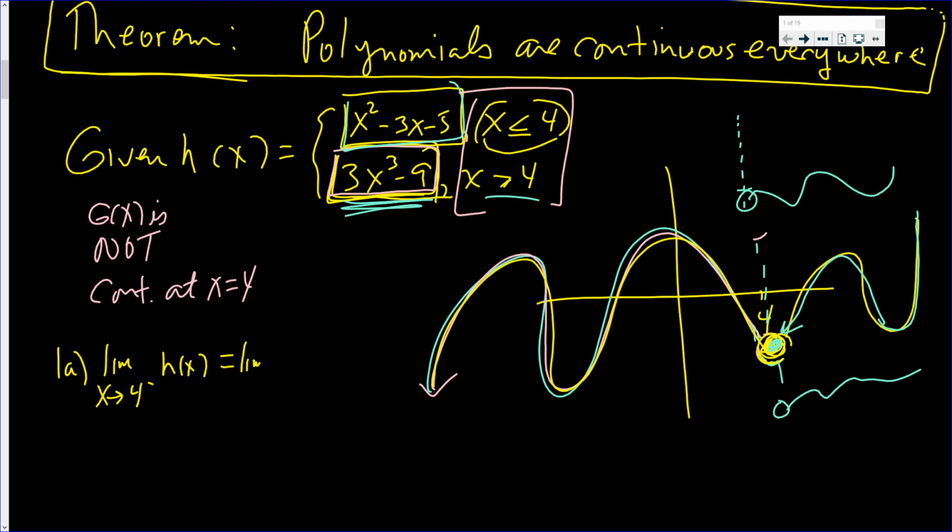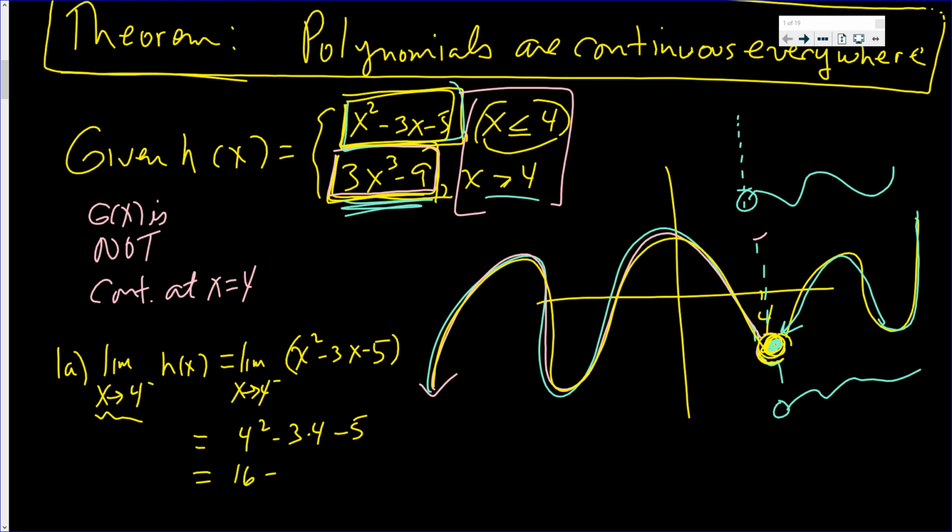Well, in this case, x may be really, really near 4, but it's less than 4, so I use the less than 4 rule: x squared minus 3x minus 5. And this is going to give me 4 squared minus 3 times 4 minus 5, which is 16 minus 12, which is 4, minus 5 is negative 1. Okay, that is 1a.